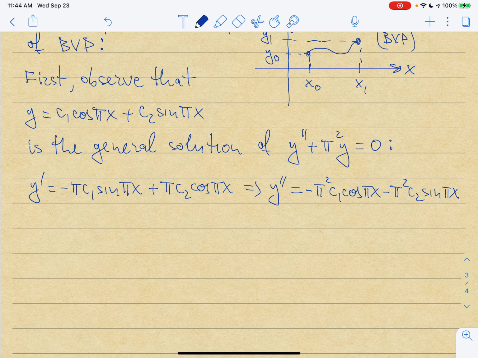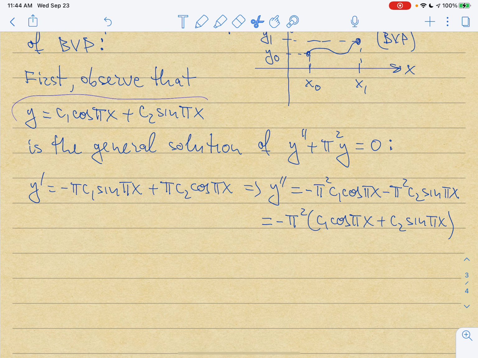And then I can factor out minus pi squared. So minus pi squared times c1 cosine pi x plus c2 sine pi x. And who is c1 cosine pi x plus c2 sine pi x? That's nothing but my y.